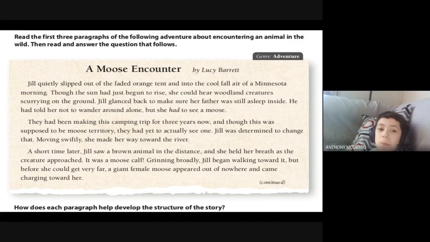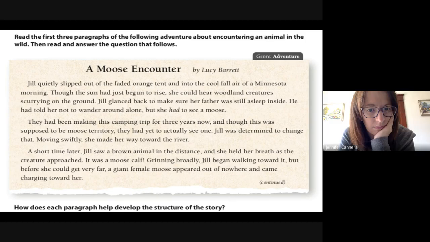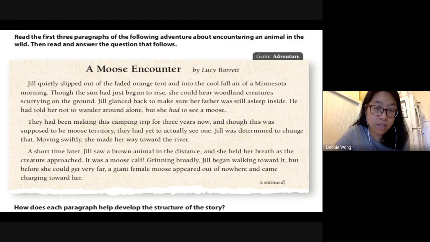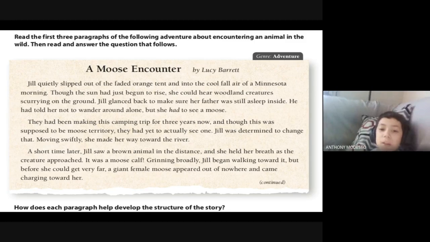It was a moose calf, grinning broadly. Jill began walking toward it, but before she could get very far, a giant female moose appeared out of nowhere and came charging toward her.